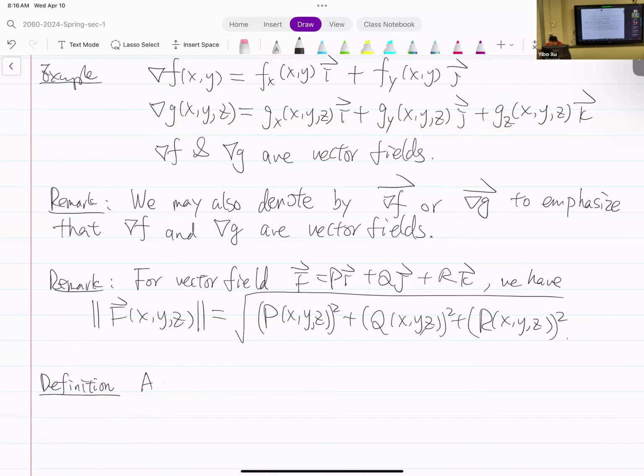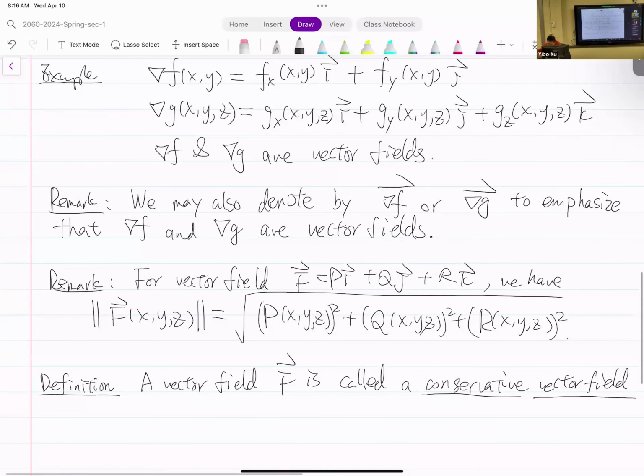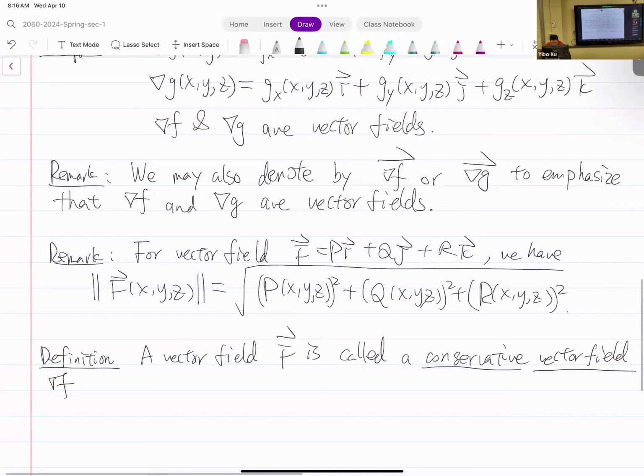So a vector field F is called a conservative vector field if we can find some little f such that this vector field F equals the gradient of f.